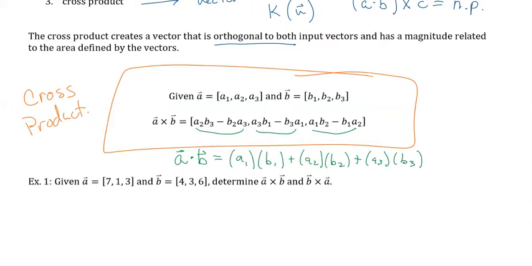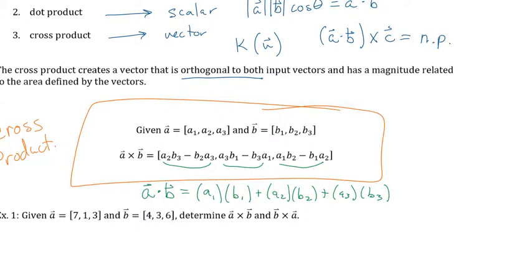So if I compare these two, for some of you at least, this might help a little bit. Take a look at how the dot product is comparing things that are the same. So x's with x's, y's with y's, z's with z's, and adding them. So it's putting together the parts that are similar. And that's what the dot product kind of does. It compares the parts that are similar.